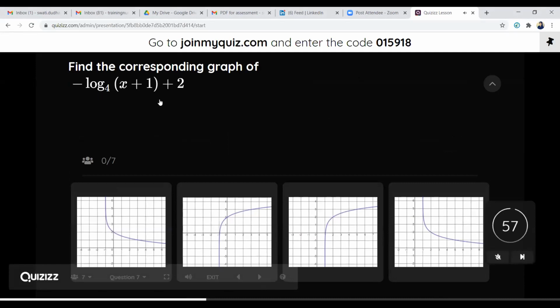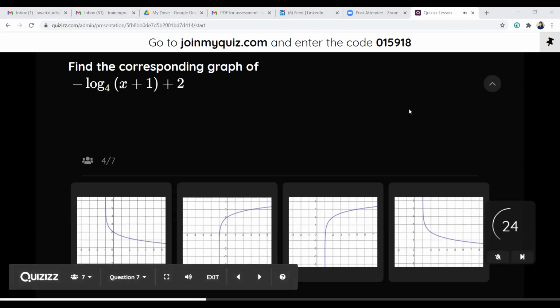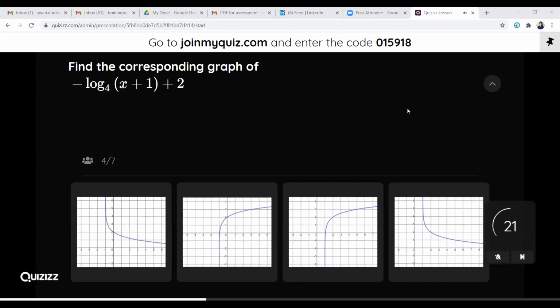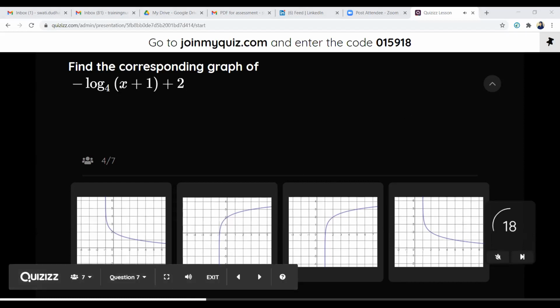Find the corresponding graph of the expression. Input the expression in graph A. Seconds left.